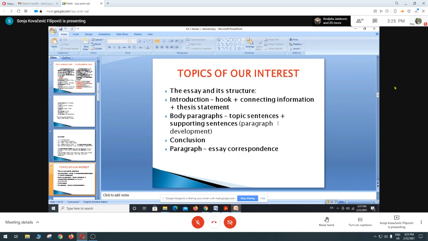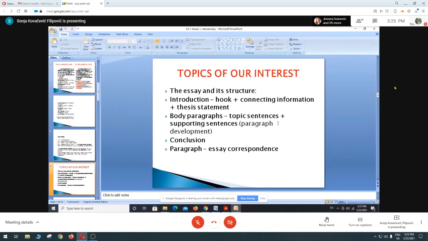Okay. Now, which are the topics of our interest in this part of the course? Well, the essay and its structure. So, which are the component parts of an essay? The introduction, as you well know, we're going to learn that the introduction contains 3 important elements: the hook, which attracts your attention, some connecting information, and the thesis statement.